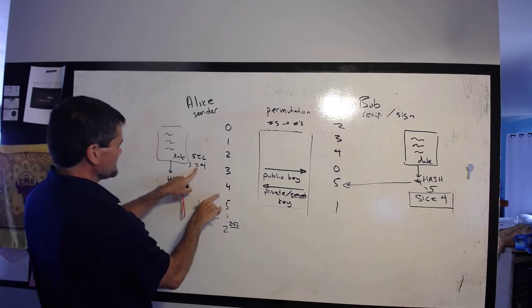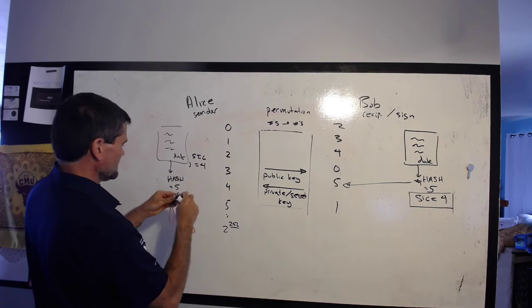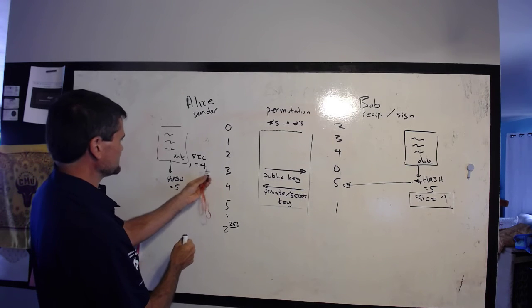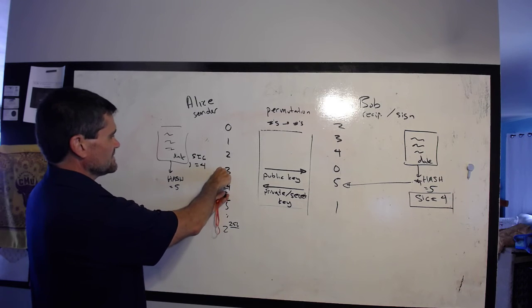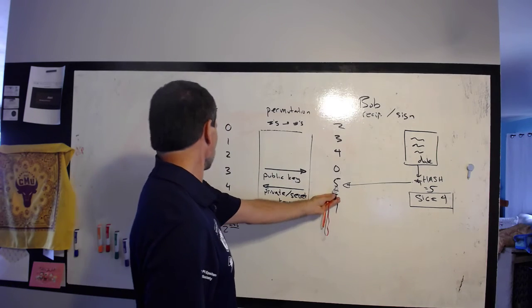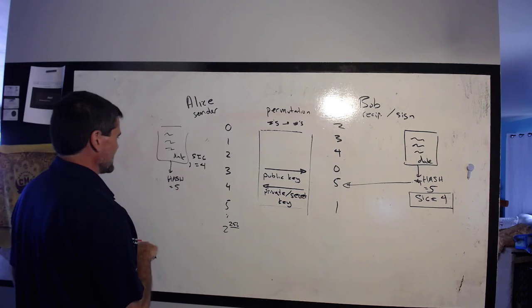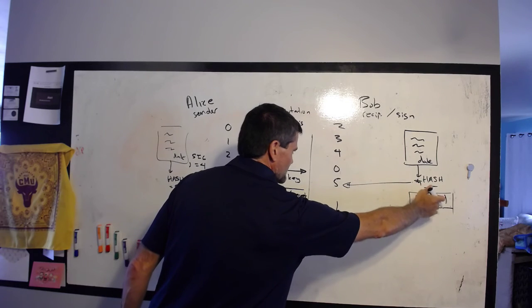So Alice can take this number 4, because they started from this side, this is the number 4 on this side, then they can apply the public key and realize that that goes to the number 5. Well, look, these two match, that's what it says is going to happen. So only Bob could solve this puzzle to write it down.